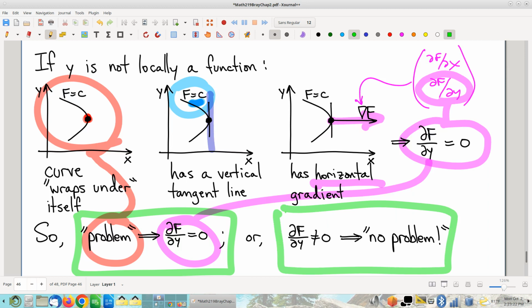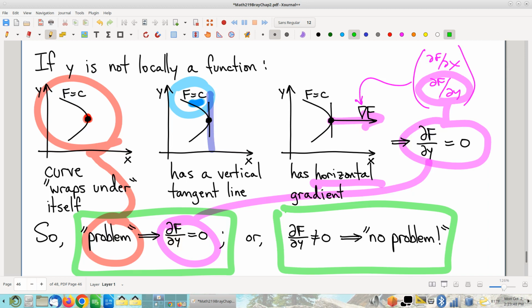And if that y partial is not 0, then you do not have a problem, and you're in good shape. Y is a function of x. Go ahead, it being a function, take the derivative of it. Go for it. It's all fine. Not a problem at all. That make sense?